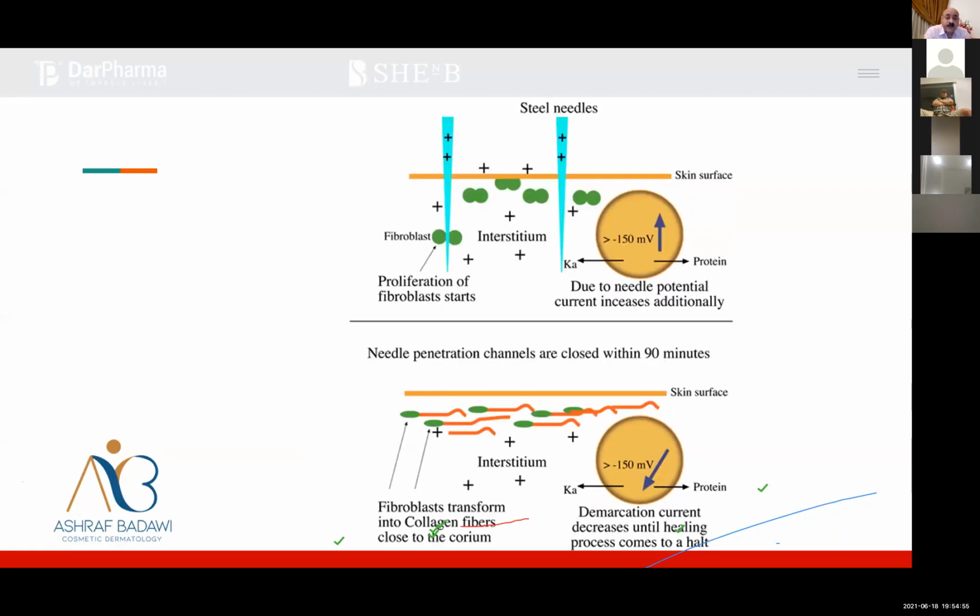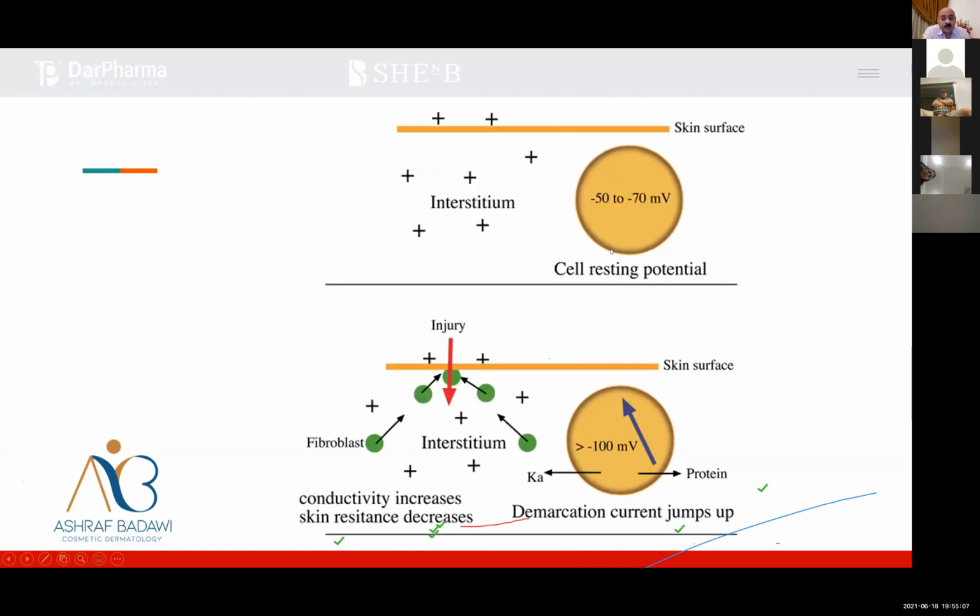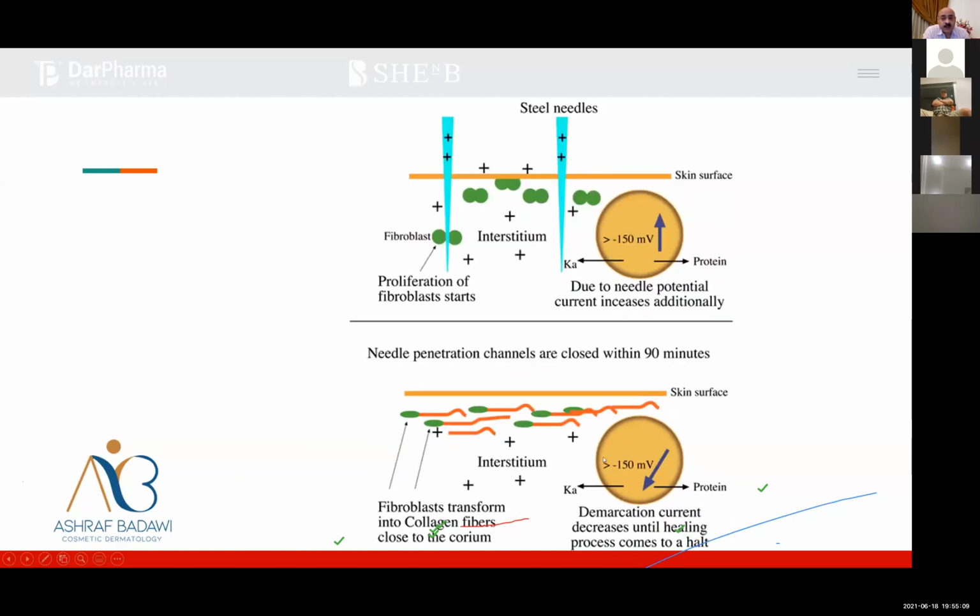Now, it was found that when steel needles are inserted into the skin, because they have their own electrical potential, this negative electrical potential inside our cells is increasing not only to minus 100 millivolt, but to minus 150 millivolts. And it was found that this increase in the negative electrical potential is associated with significant increase in the regeneration process of the cells. And that's why when we do needling of the skin, the regeneration is stimulated significantly.